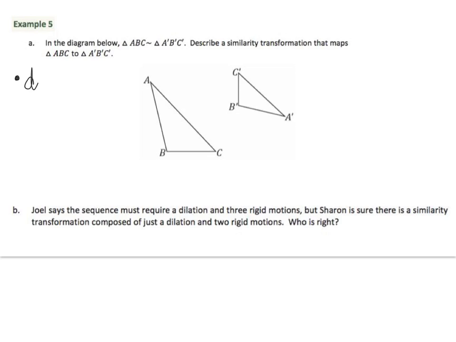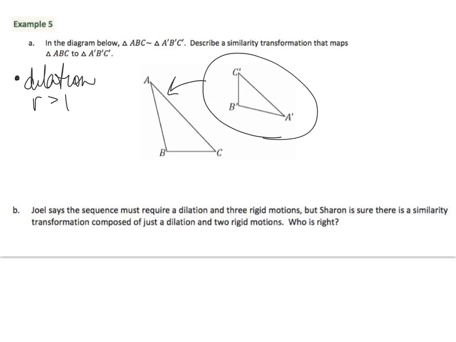We sort of do the dilation first. So first I could dilate my similar triangle with a scale factor bigger than 1 to get it back to ABC, correct? And then I think I need a reflection because they're not in the right order.